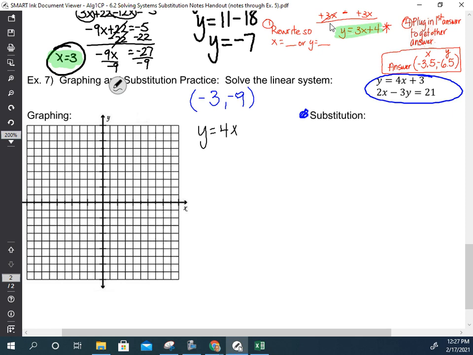Y equals 4x plus 3 means that your slope is 4/1 and your y-intercept is 3. Go to your y-axis, put your point at 3. Since your slope is positive 4, that means you go up 4 and to the right 1.